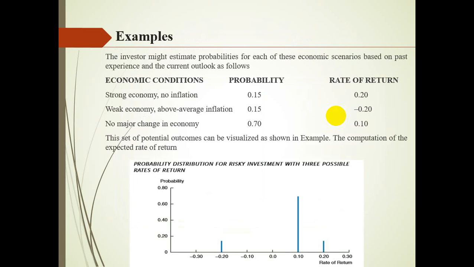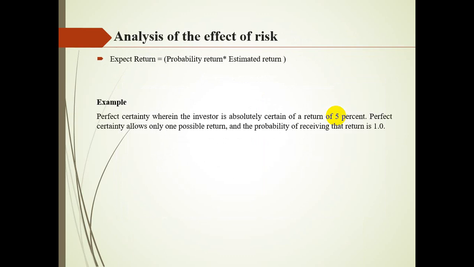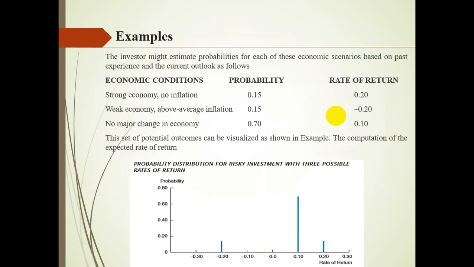If I have just one single investment, you can calculate a single expected return. If the economic situation is different, where there is a boom, a low economy, a high economy, or average, how do we calculate the risk for the organization for those different situations? Here we are given three scenarios based on past experience and current outlook.